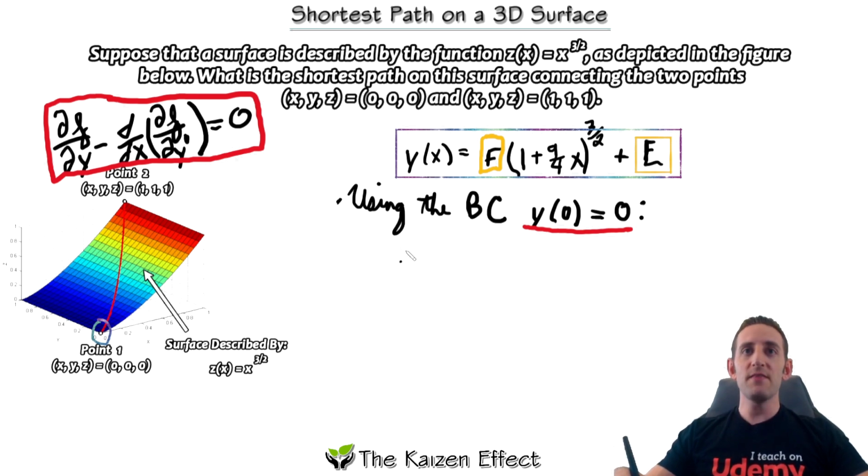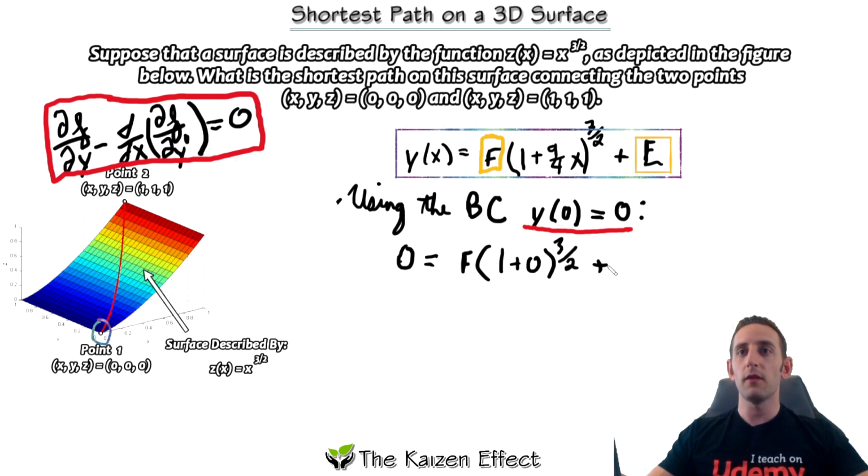Okay, so what happens is we plug that in, y is equal to 0 is equal to f times 1 plus 0 to the 3/2. That's not going to matter anymore, plus e. And when we get that, we see that 0 is equal to f plus e.